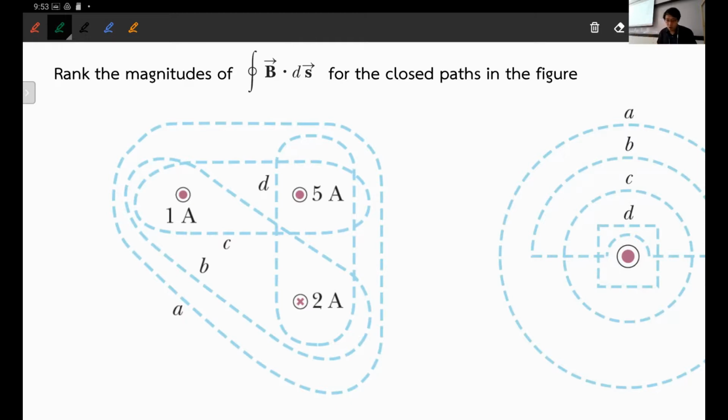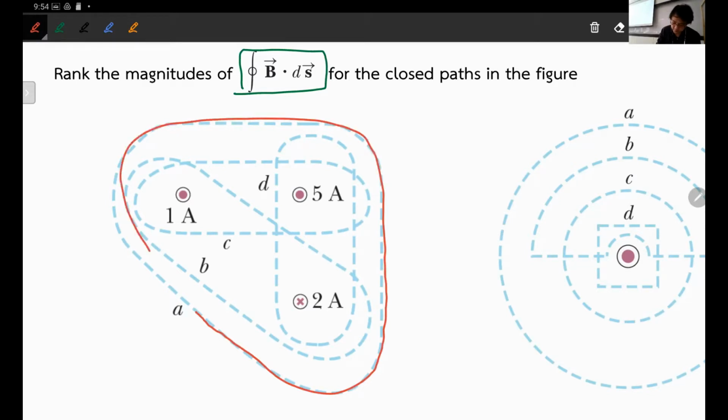Okay. So if I want to do the line integral along whatever loop that I'm doing, the right side of the equation will look like mu naught times the current through the loop. So let me show you what I'm saying here. You guys look at loop A. If my loop A looks like this, the red loop, okay?